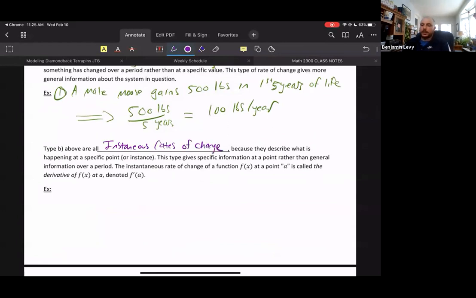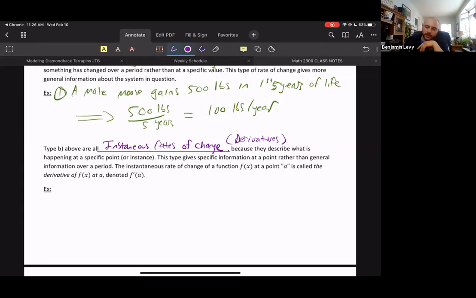And in calculus, we refer to those as derivatives. So we're building towards this word, derivative, or actually, we're going to introduce it right now. But the point is, these things are happening at an instant. It's not what does the moose gain over 5 years, it's what's happening right now, right?